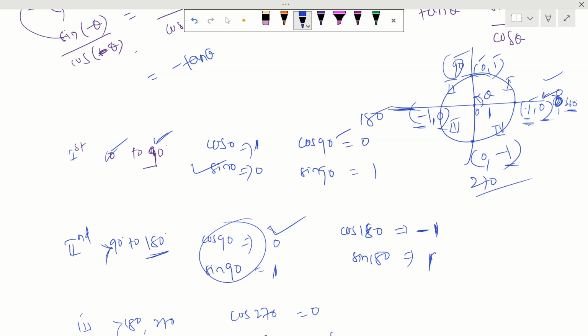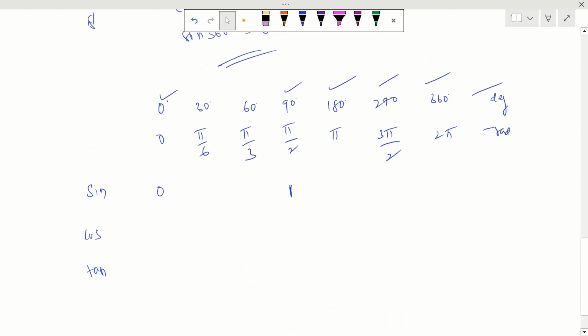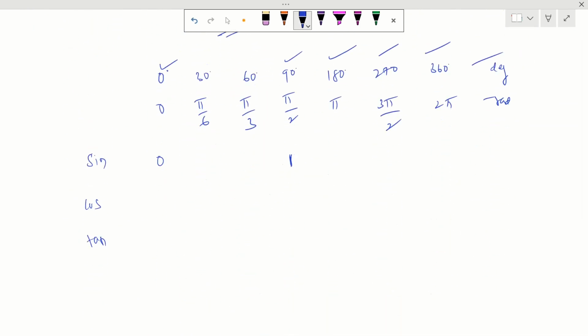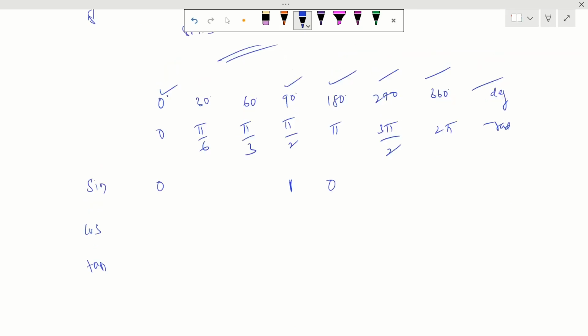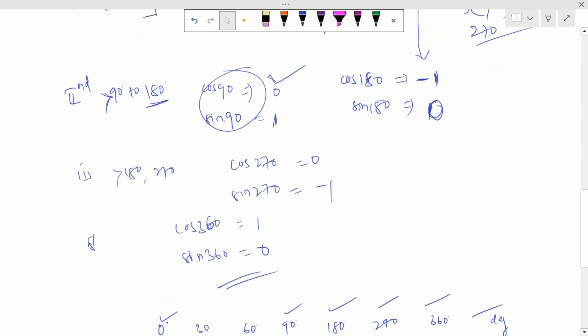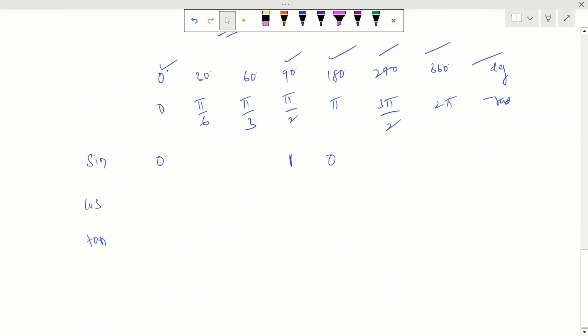Then sine 180 is 0. Sine 180 is 0. What about sine 270? Sine 270 we have written as minus 1. From the diagram, the same values I'm writing here. Minus 1. And sine 360 is 0.